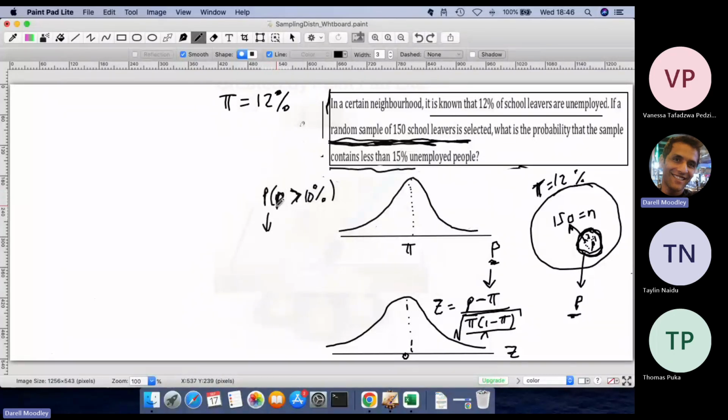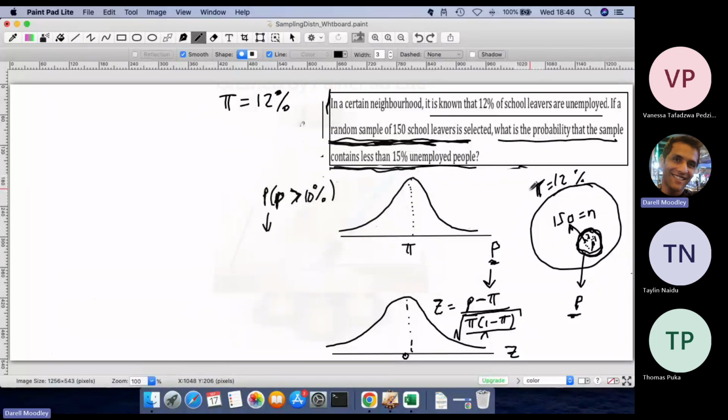P is a variable. What they're asking you to work out is, what is the probability that the sample contains less than 15% unemployed people? Before, I used smokers as an example, but now we're talking about the percent of people that are unemployed.